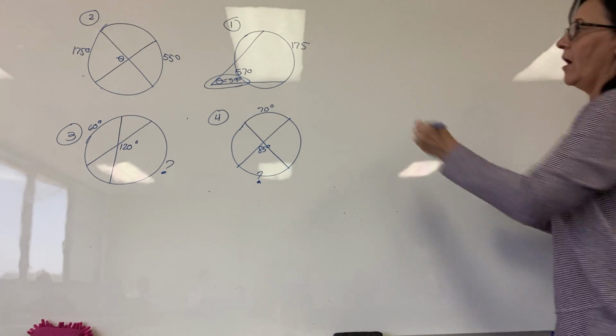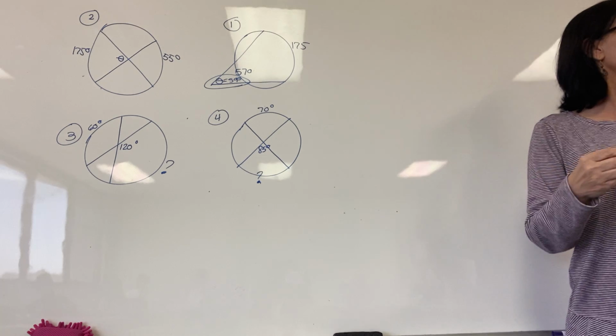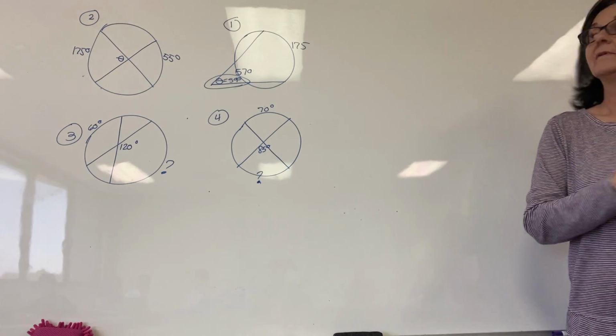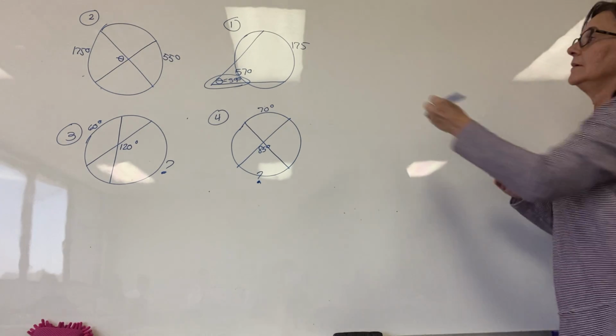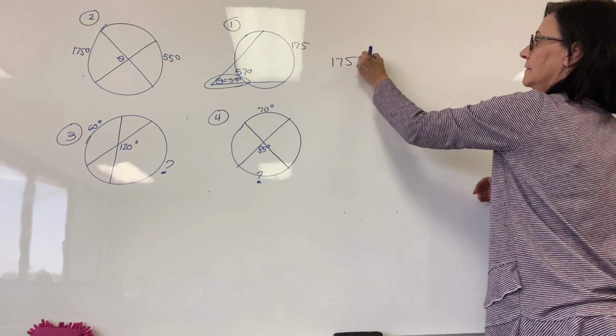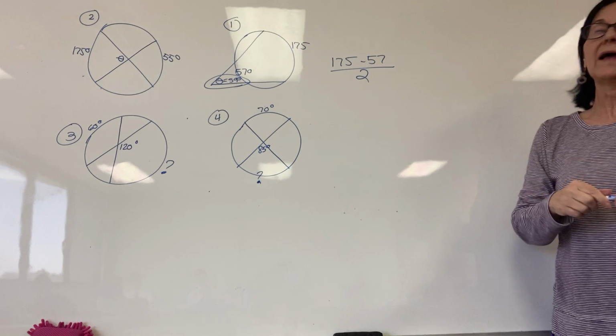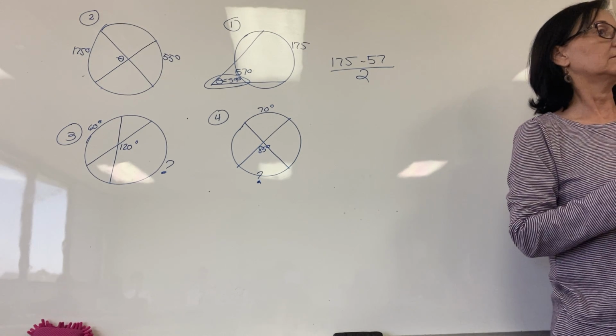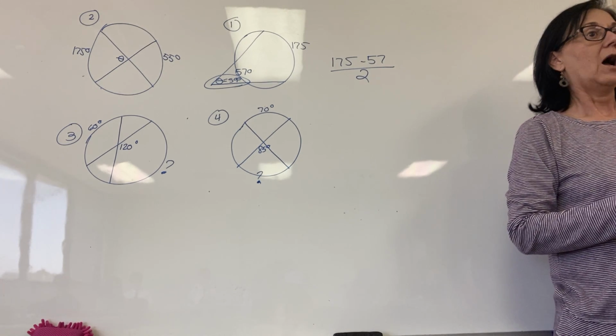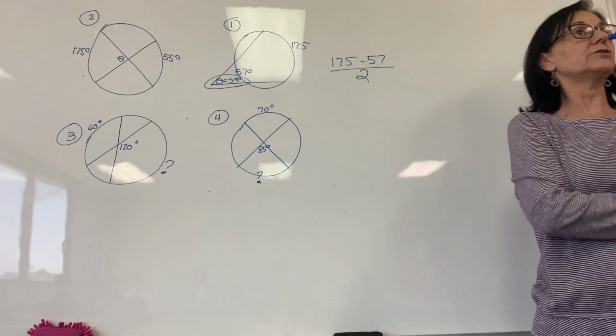Yes, I'd love to. All right, so it's outside, so what's the equation going to be? So what's 175 minus 57, divided by 2? Okay, here's what you should not do in your calculator.